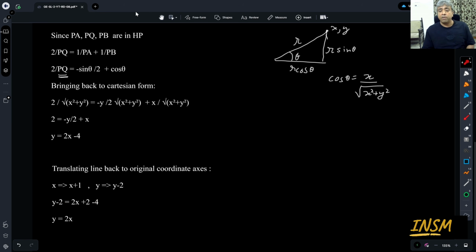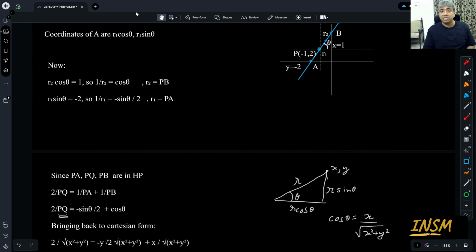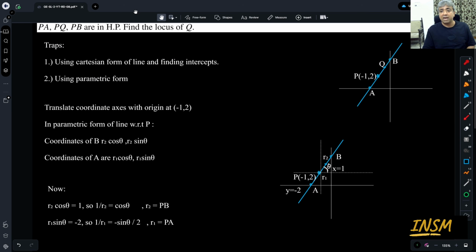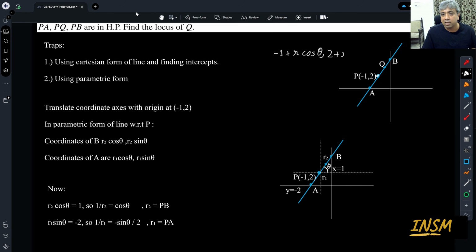Now, one of the points where you can get genuinely stuck in this problem is if you don't translate the axis and directly use the parametric form. Suppose you directly write the equation of line AB as -1 plus r cos theta, and 2 plus r sin theta.